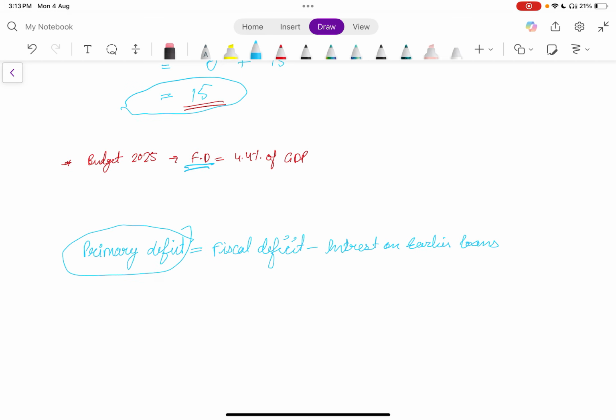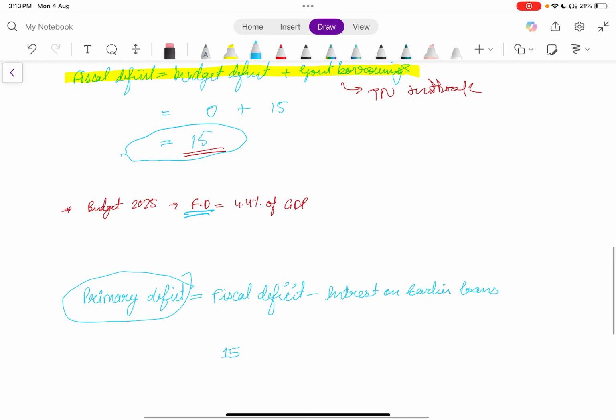So what is it? Suppose in our example, fiscal deficit was 15. Now of this 15, the government is saying that 12 was the expenditure done by earlier governments, earlier regimes.